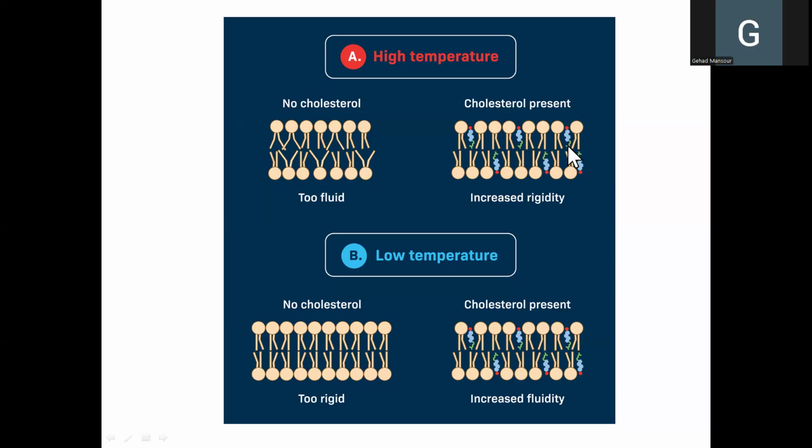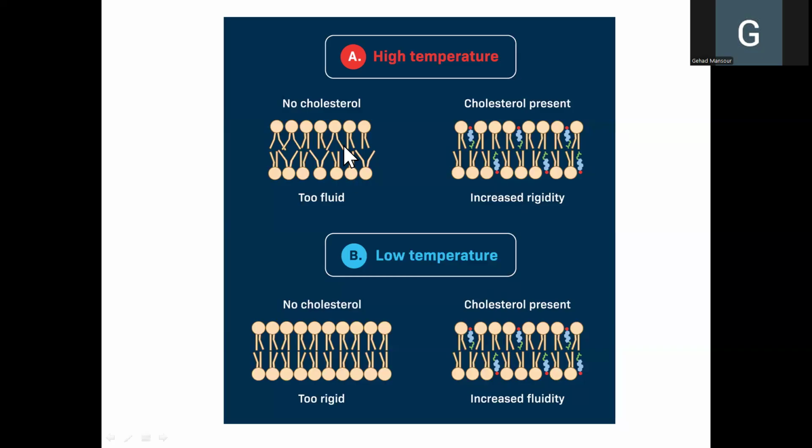In such a case, it's obvious that cholesterol, by being present in between the phospholipid molecules, will interact with them and will affect their motion. And we will see what happens in case of high temperature and what happens in case of low temperature.